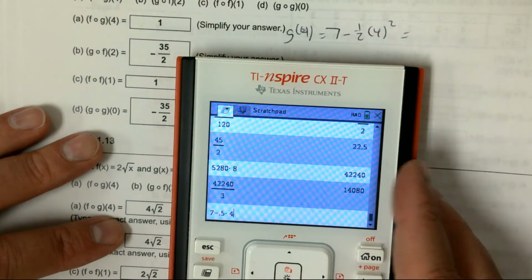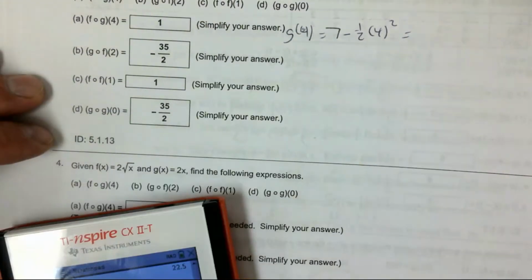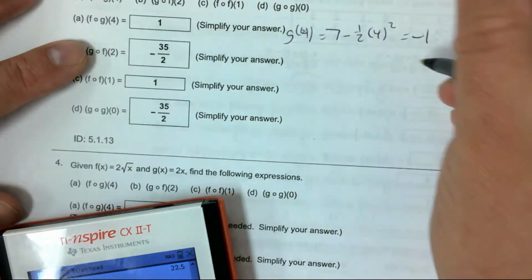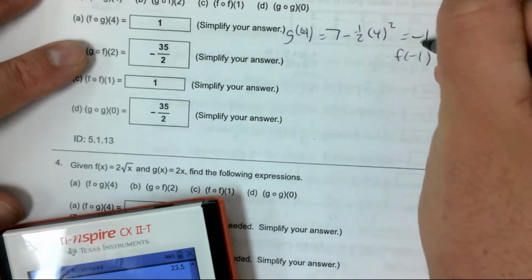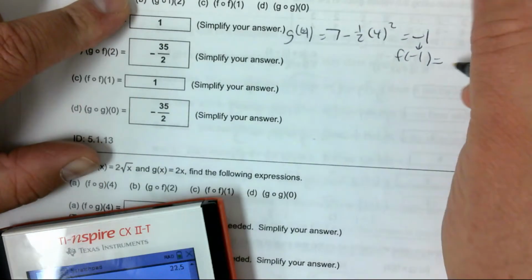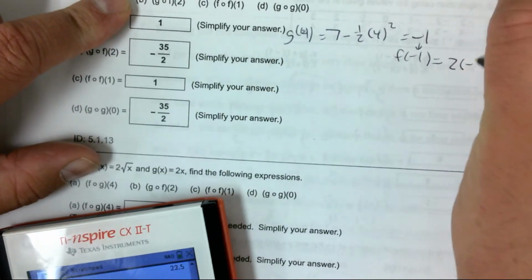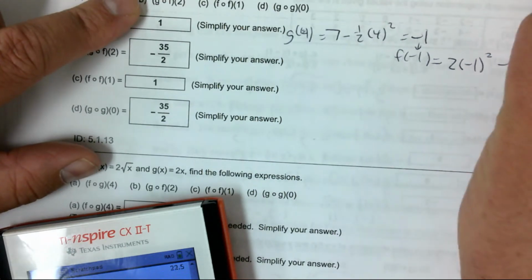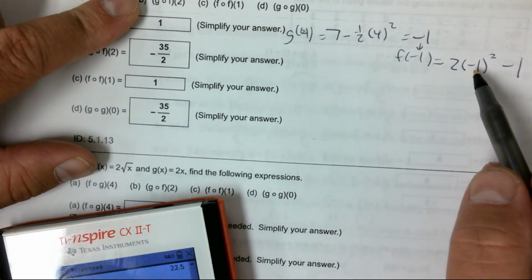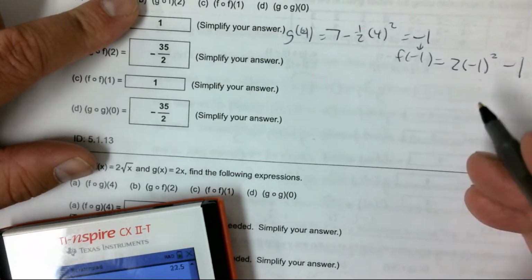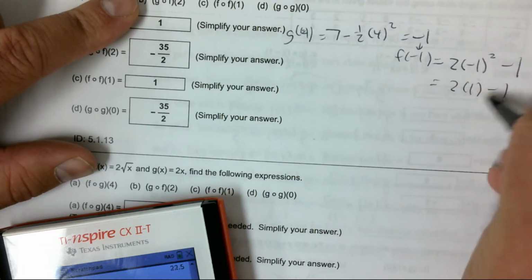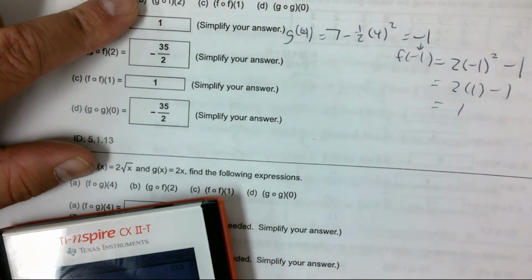Times 4 squared gives me -1. And then you do f of that answer. So again, just bring it down. And -1 is here, so you do 2 parentheses, -1 squared minus 1. Those parentheses are very important whenever it's squaring a negative number. So here that would be like 2 times 1 minus 1, which is just 1.